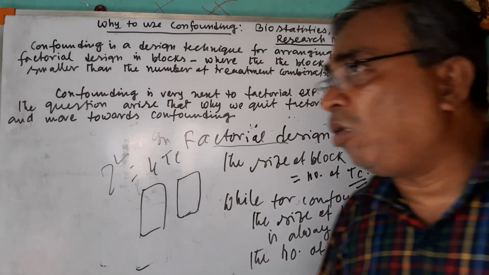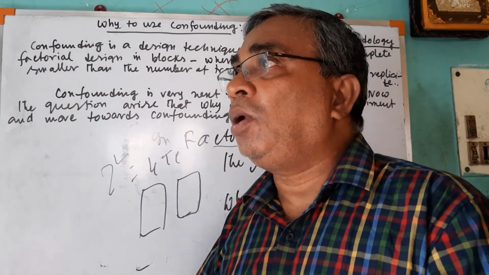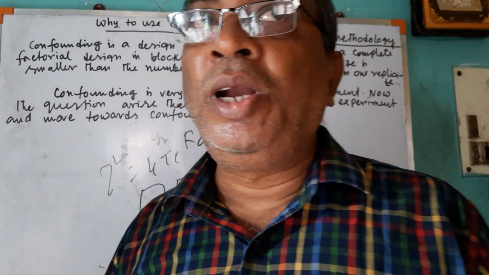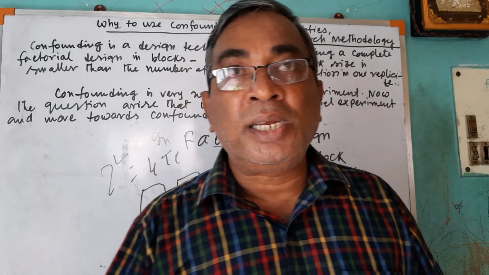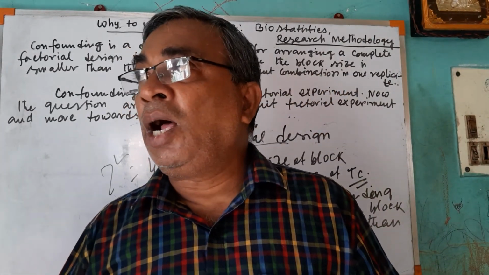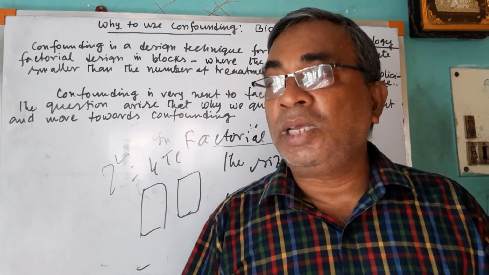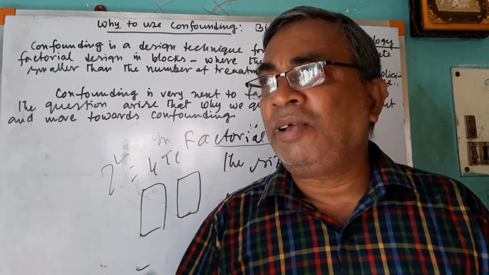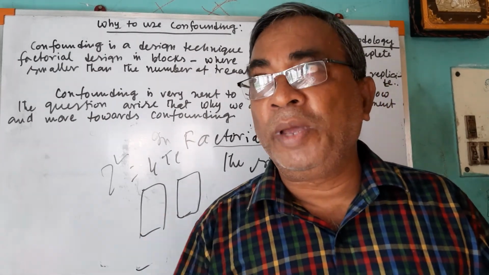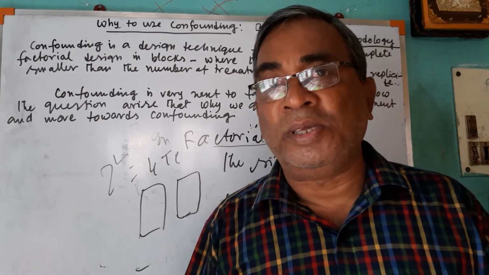Now another question will arise here: which factor or which treatment combination will be confounded? This will fully depend upon the researcher or experimenter. Suppose the treatment combination is ABC, and he is thinking that he is not getting much more information from ABC, so he may go for confounding ABC.